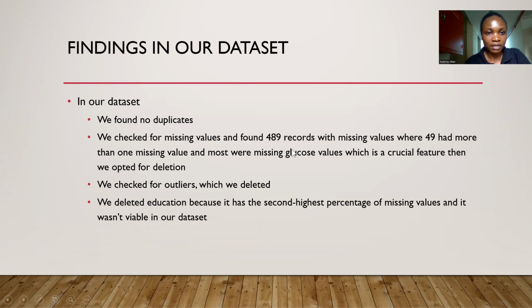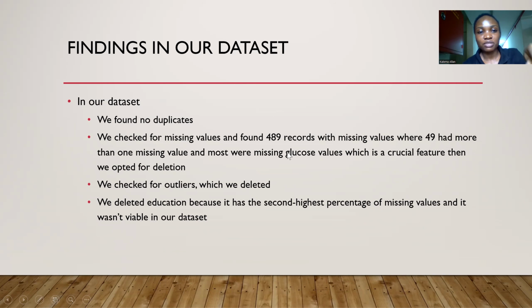So what we found in the data set we are choosing: yes, we chose 3 data sets, but we are using only the one we have documented about. Why we chose this data set is that it has no duplicates, and it had missing values, but how we dealt with them is that since it's the health sector, we didn't fill in the missing values.